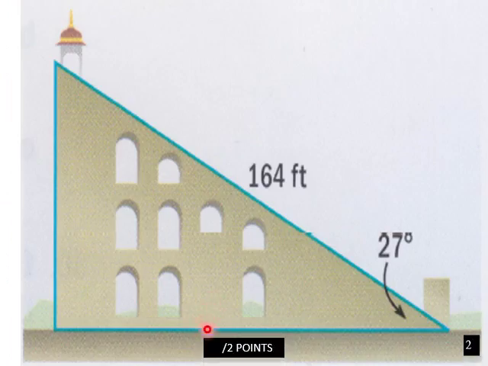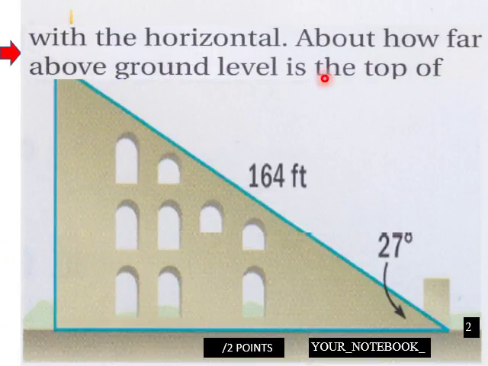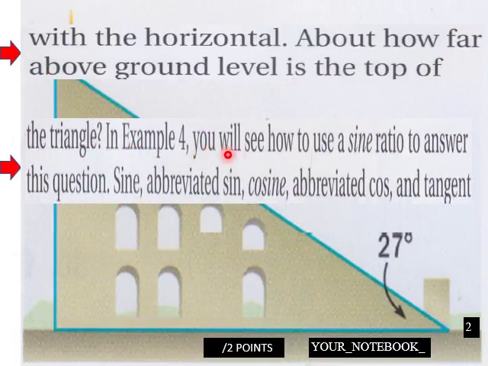So we have 27 degrees, 164 feet here. What are we going to do? How far above ground is the top up here? In example 4, you see how to use a sine ratio to answer this question, and that's in part 2 of this lesson. Email me for that.